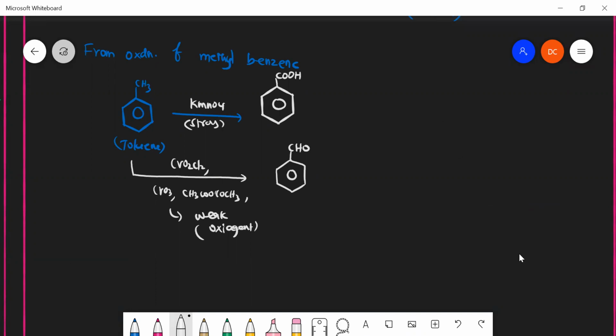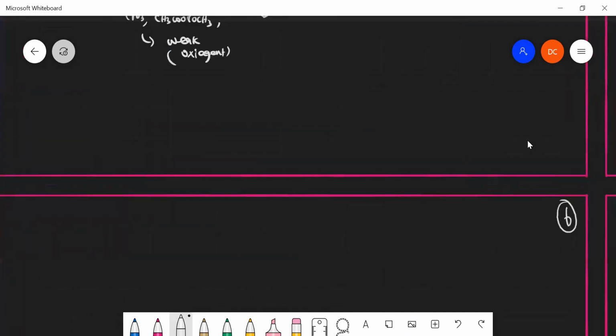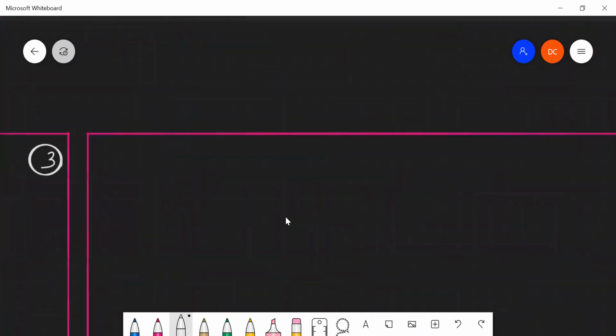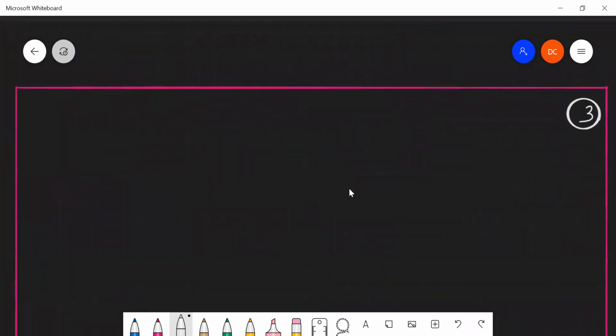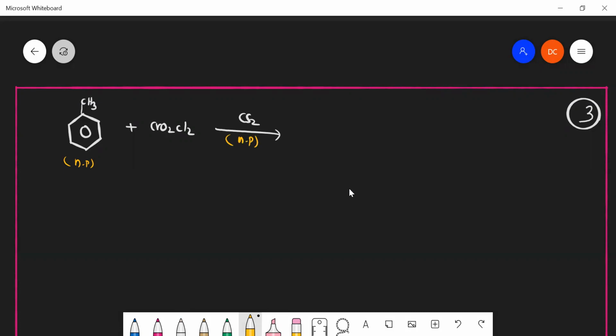Here the reaction mechanism is not that important. Sometimes they may ask, and if they ask, we'll see. If we need it, I'll write it, no problem; we can also skip the mechanism. So here is the methyl group, that is toluene. Suppose I take CrO2Cl2, reacting in presence of carbon disulfide, because it is non-polar, so I have to use a non-polar solvent to dissolve it.